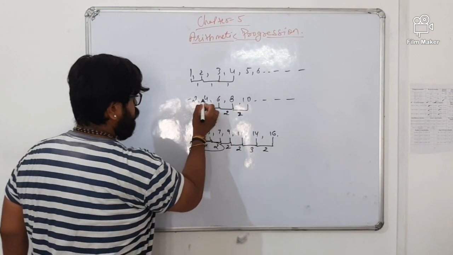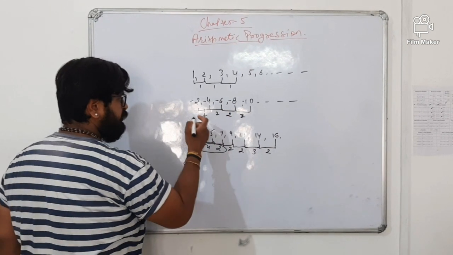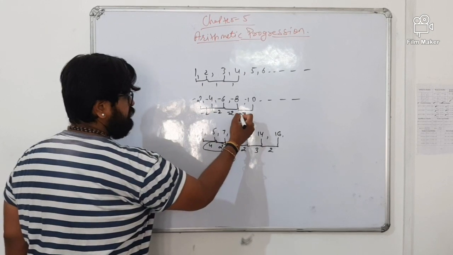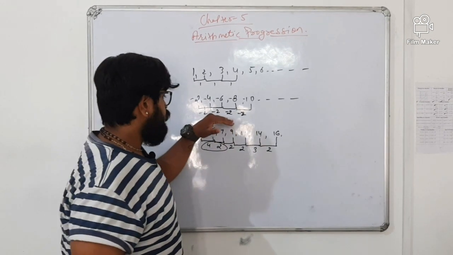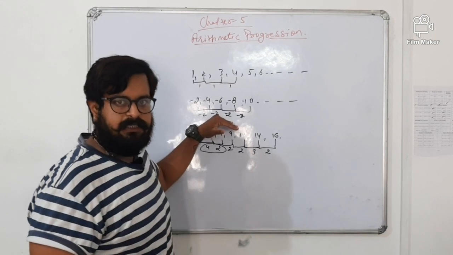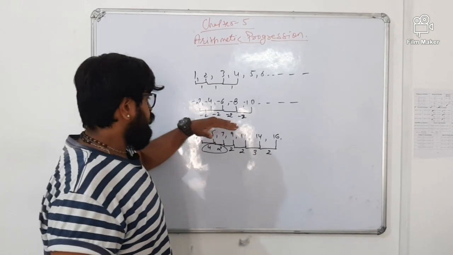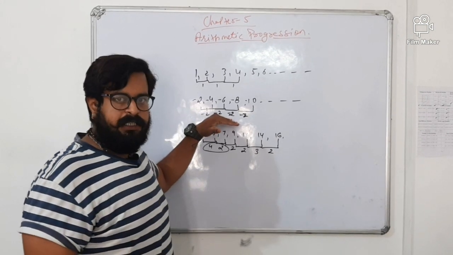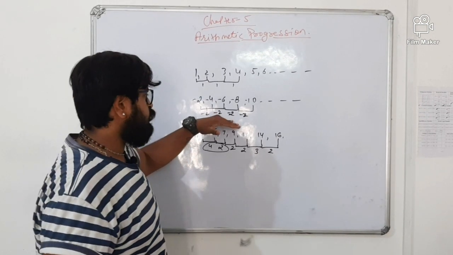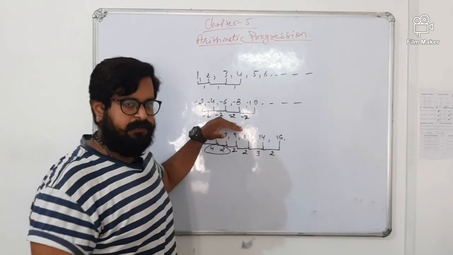Suppose I put a minus sign before all the numbers, then the differences will be negative, meaning the negative pattern will repeat. So this is also a sequence. Positive or negative doesn't matter; what matters is that the numbers are in a particular pattern.